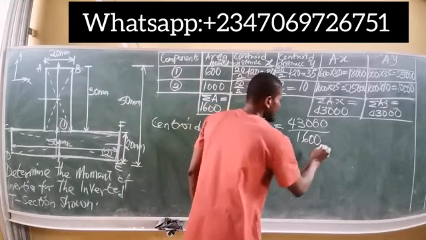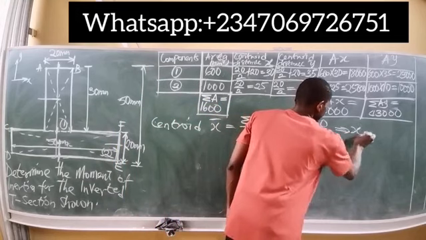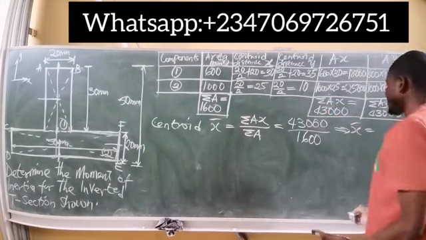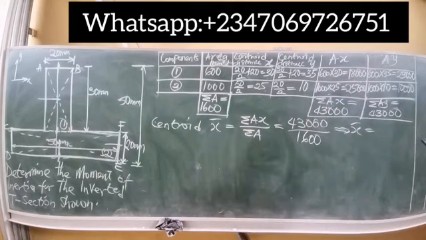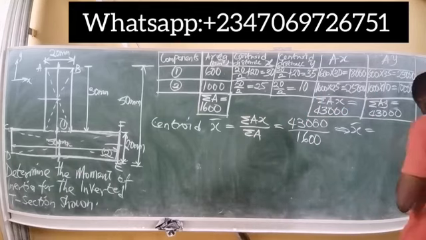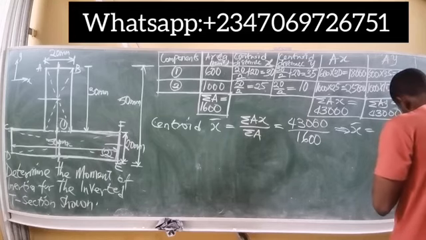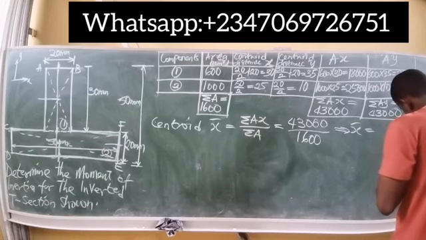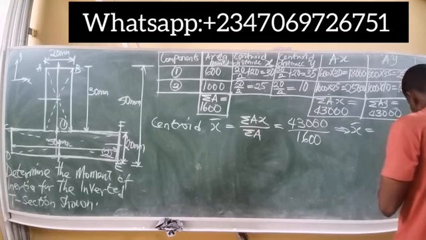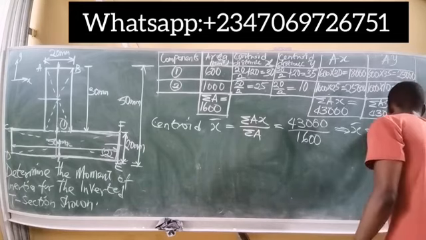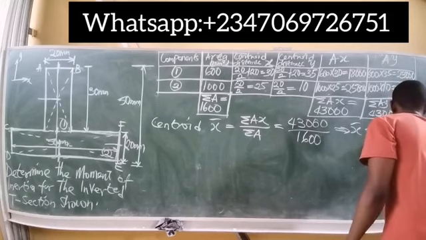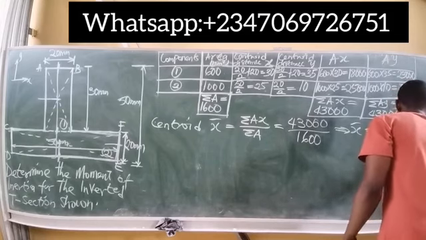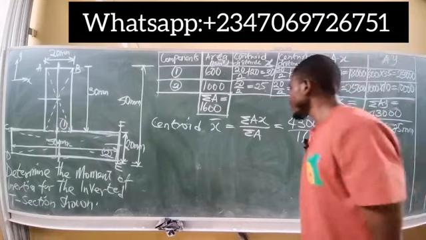So the centroid x is simply 43,000 divided by 1,600. That gives us 26.875 millimeter.